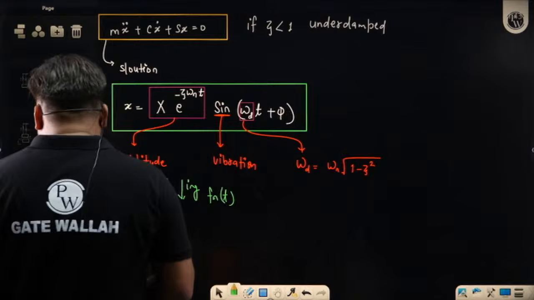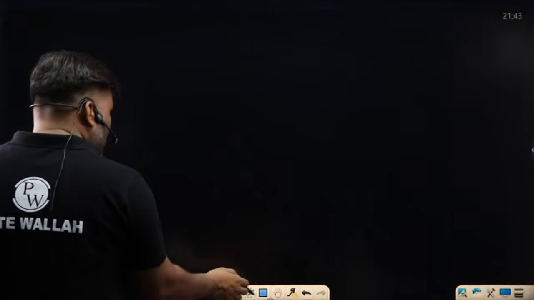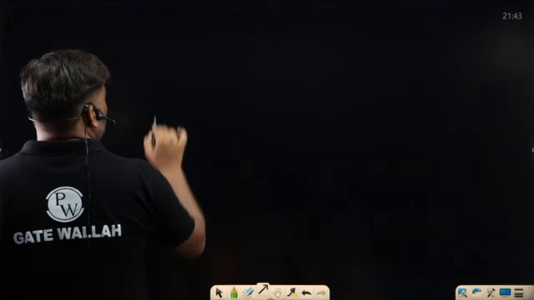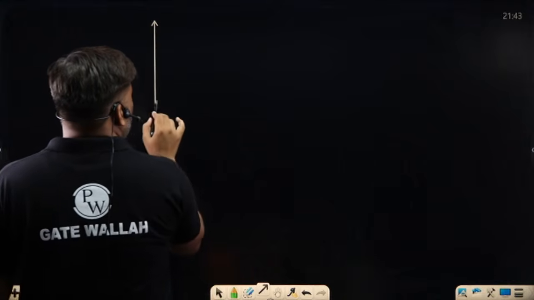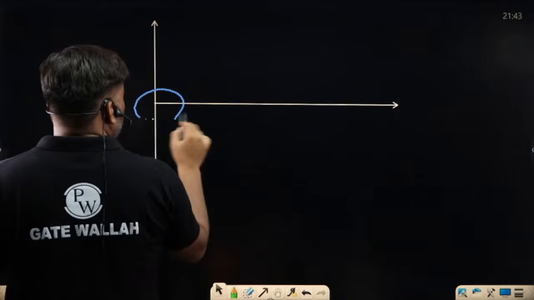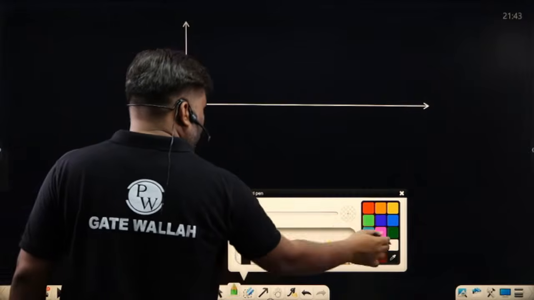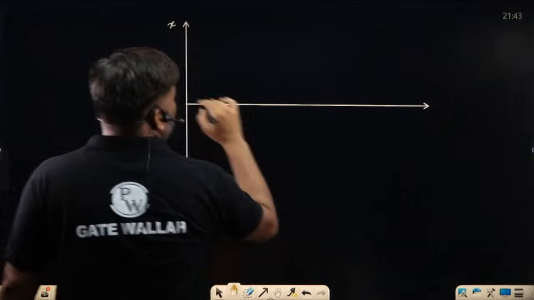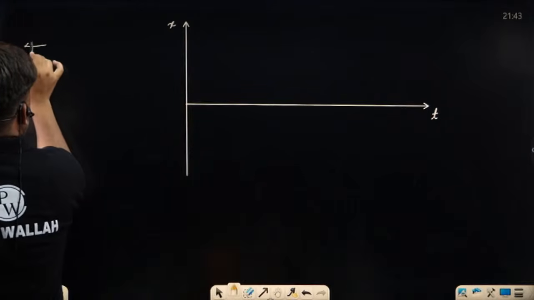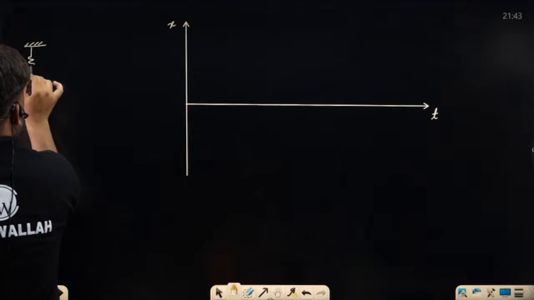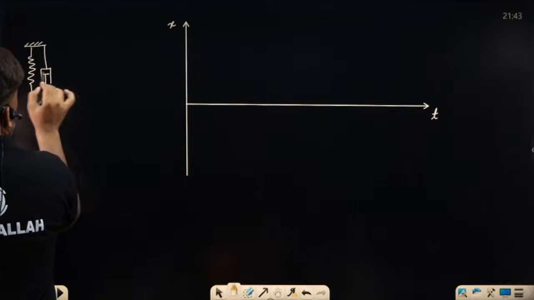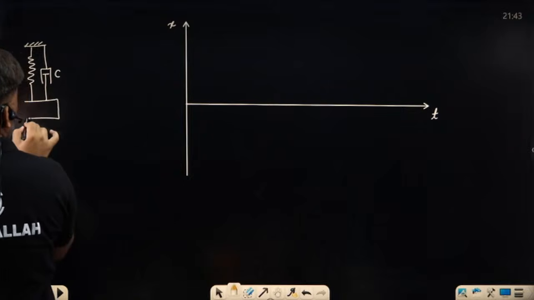If I show you graphically how things are going to look, it looks like this. If you have disturbed the system, here I am showing x and here I am showing time t. The setup is this: you have a spring, a damper, S stiffness, C damping coefficient, and that's your mass m.